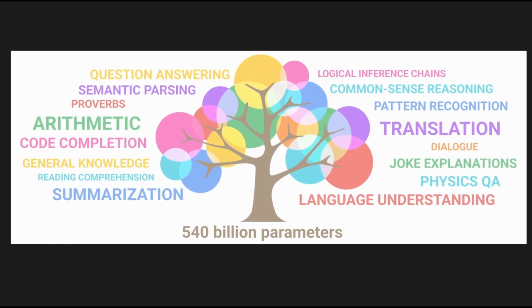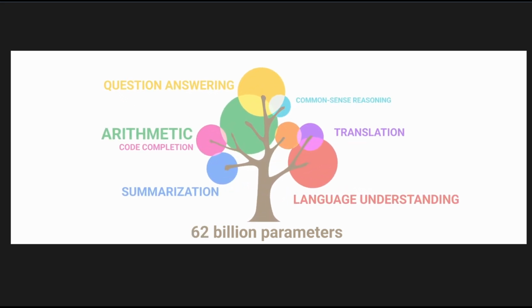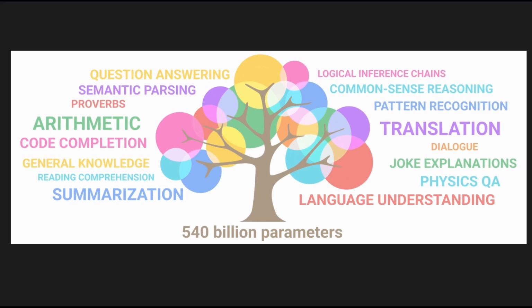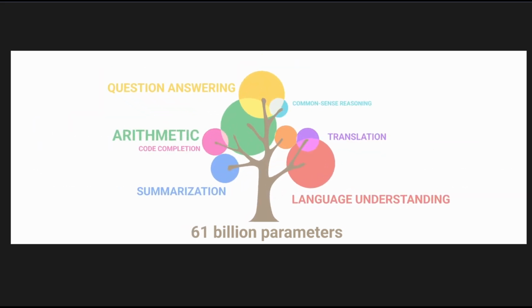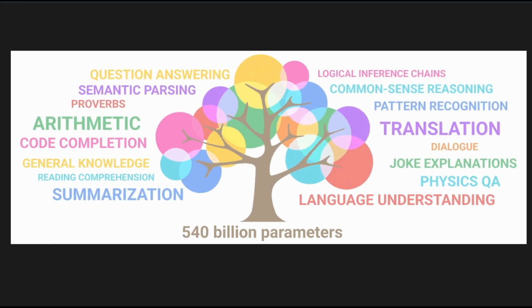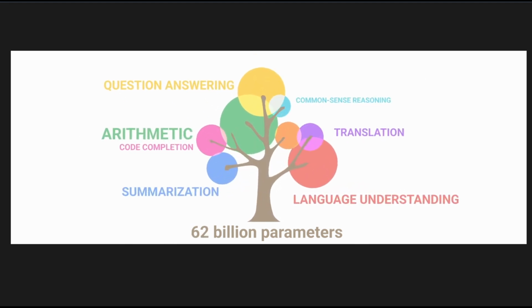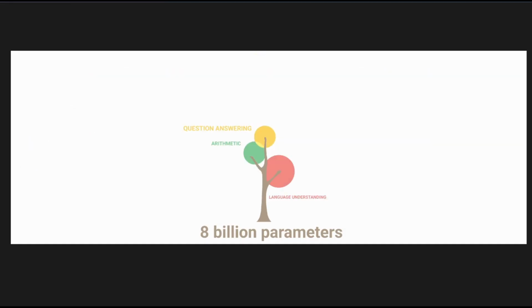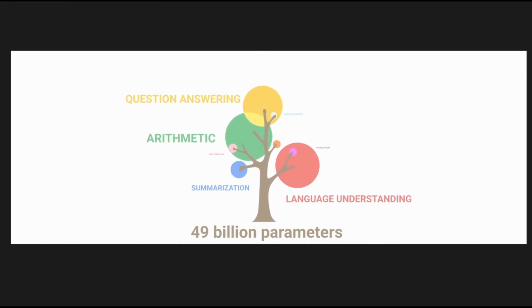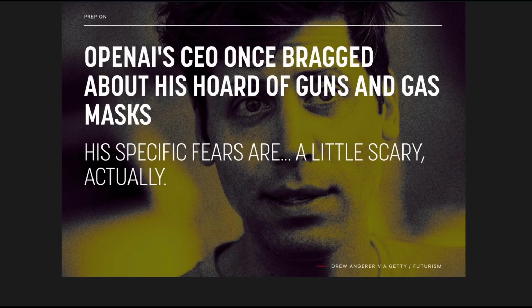Basically, the parameters of the AI determine how powerful it is. Google is expected to go to 540 billion parameters. But there is one Chinese company that already has parameters in the trillions. And it's suspected that OpenAI is around 1 trillion parameters.